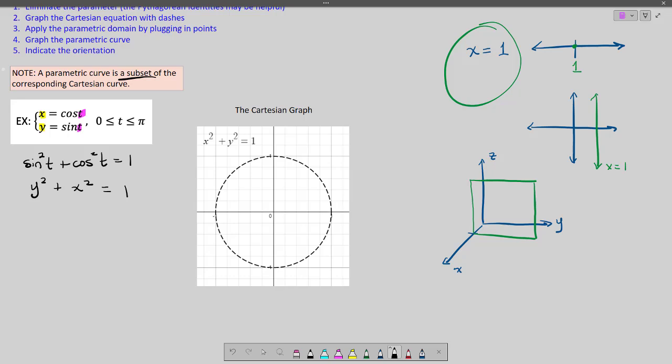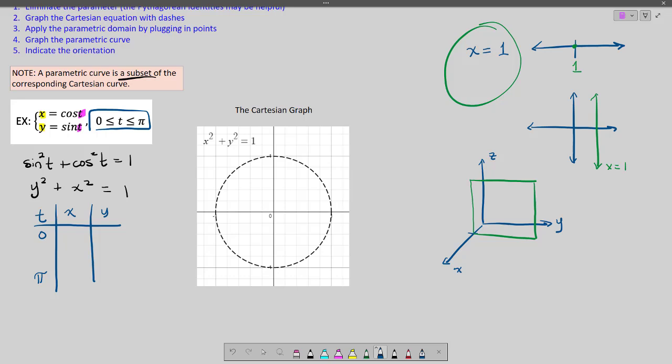Now we're going to apply the parametric domain by plugging in some points. So now we're going to set up a little table of values. I see the domain here, the parametric domain. So we're going to have t's, and each of those t's is going to correspond to an x and a y. And we certainly want to test the endpoints.